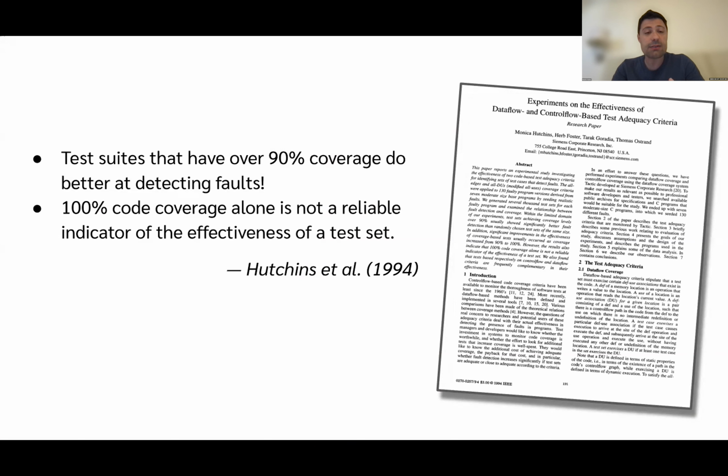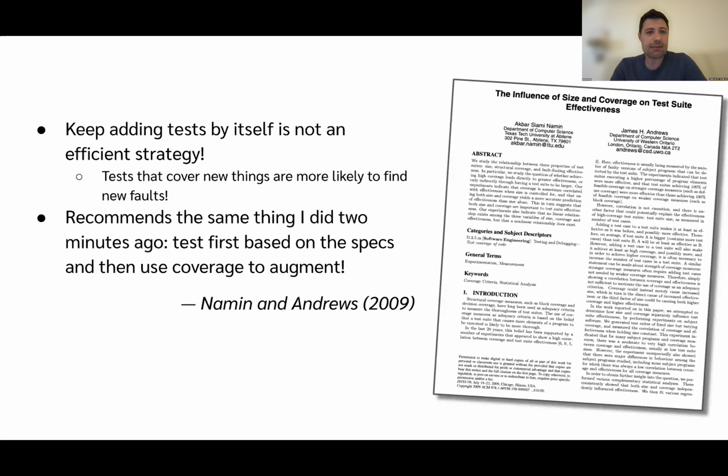The findings are that test suites that achieve over 90% coverage are better at detecting faults than test suites that don't achieve that much coverage. And that makes sense, right? The more you cover, the more bugs you can find. Therefore, it's just better. And another interesting finding that also matches with our perception is that 100% coverage alone is not reliable. It's not enough to indicate if your test suite is good enough.